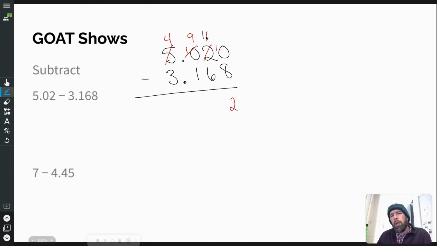Awful. 11 minus 6 is 5. 9 minus 1 is 8. 4 minus 3 is 1. So we get 1 and 852 thousandths. Not pretty at all.